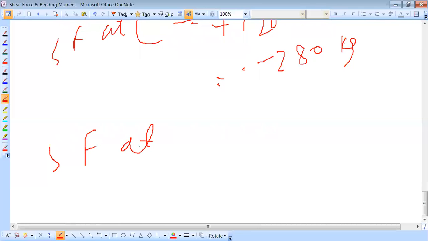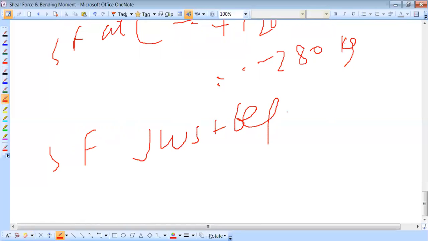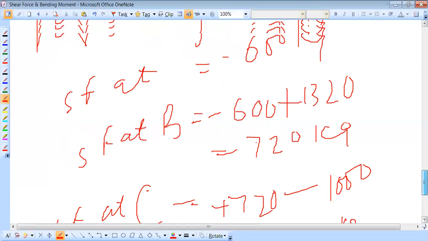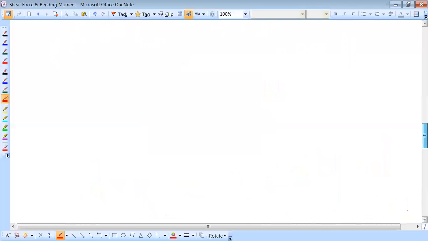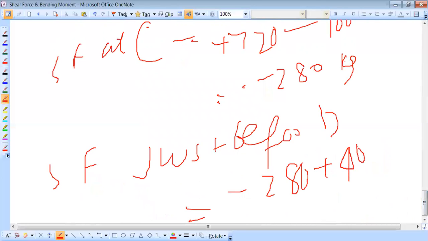Then SF just before D, because of two combined loads. One is SF just before D, minus 280, plus the UDL. UDL is equal to how much? You can see the intensity of the UDL is 200 kg per meter. That means length 2 into 200, which is 400.